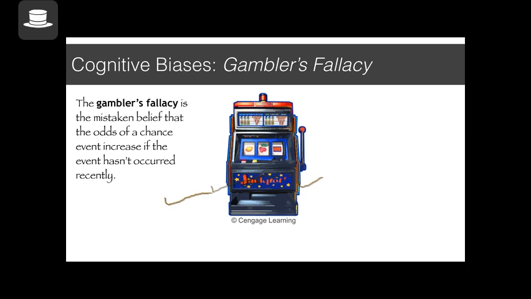However, the odds of winning any single bet are no different if you have lost 20 times in a row or have just started betting. It doesn't really matter. So this is the gambler's fallacy, which is the mistaken belief that the odds of a chance event increase if the event hasn't occurred recently.